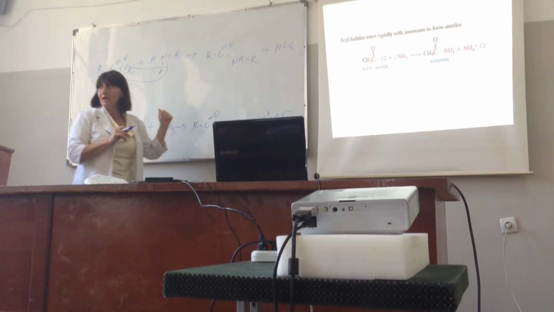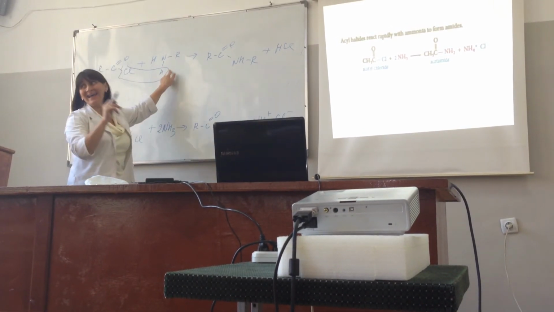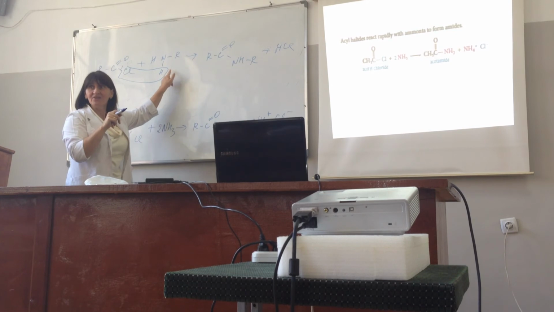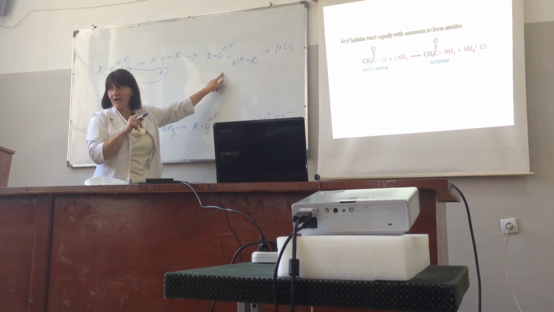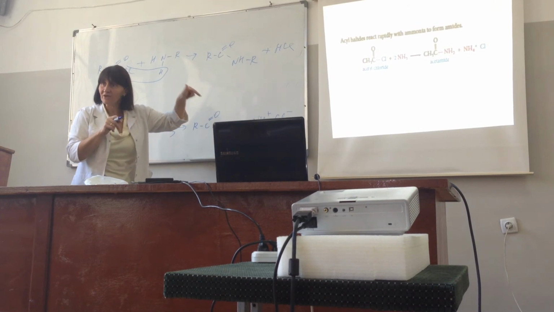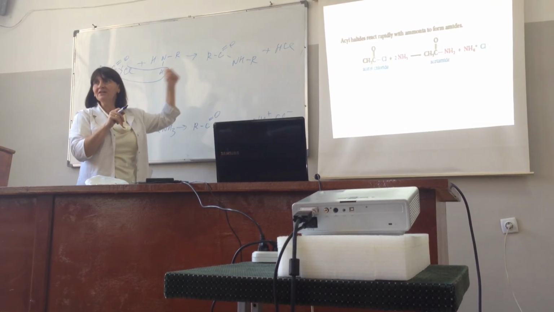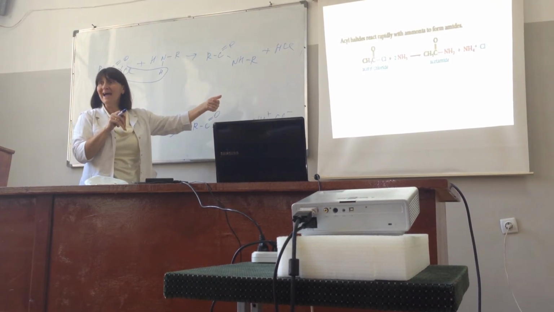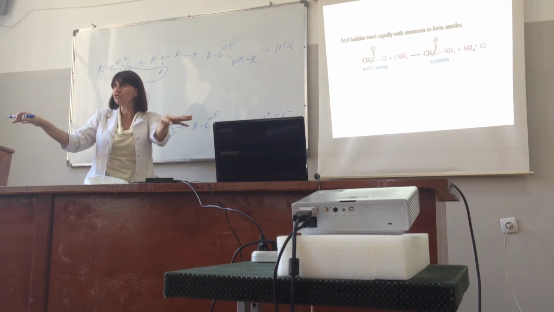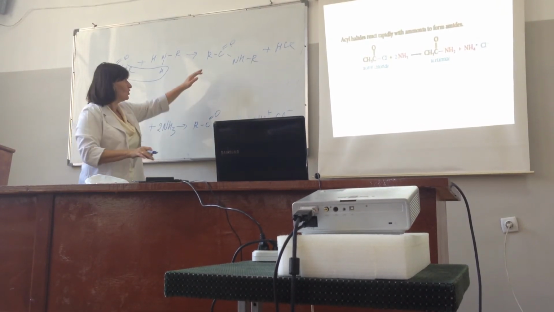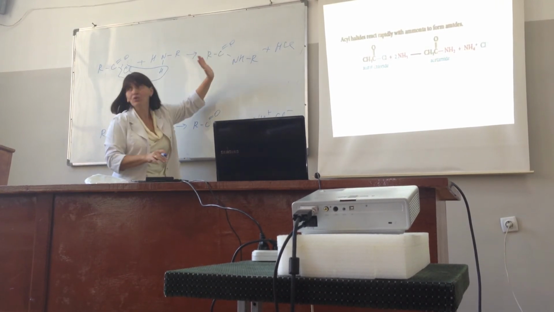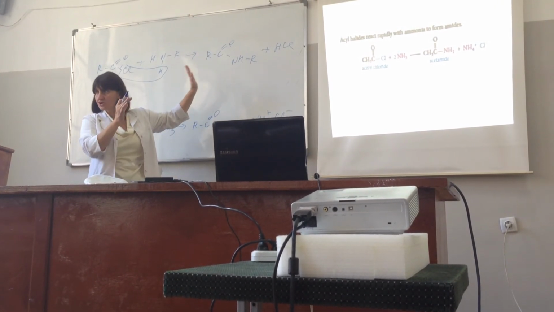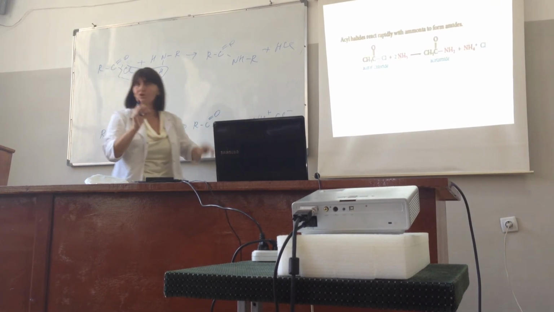If you use primary amine, you get secondary amide in your reaction. If you use secondary amine, finally you get tertiary amide, where your nitrogen has 2 radicals. Here you have only 1 radical, and this part we can discuss as second radical, so secondary amine. Questions?